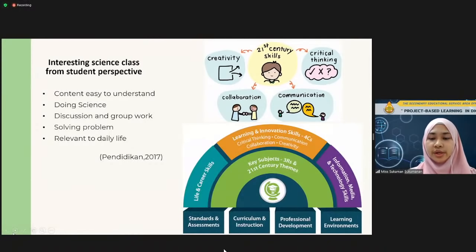This diagram shows, as everyone can see here, the key subjects, the 3 R's, and 3 main topics of 21st century themes: life and career skills, learning and innovation skills, and they would like to promote the students about digital literacy. So that is the 21st century skills.